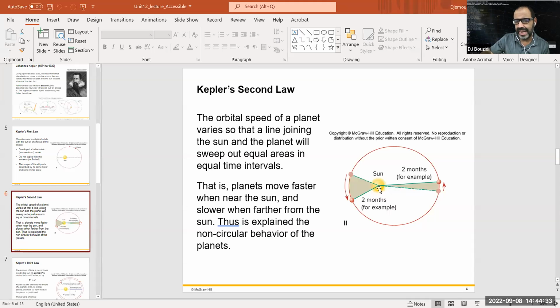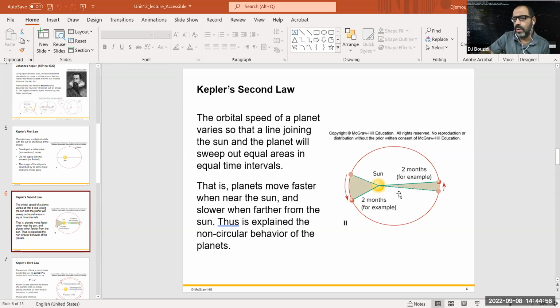You take an imaginary line and connect it between the sun and the planet. That line, which is imaginary, not a real line, is going to sweep this arc in 2 months. You measure this area, the one that is shaded here.